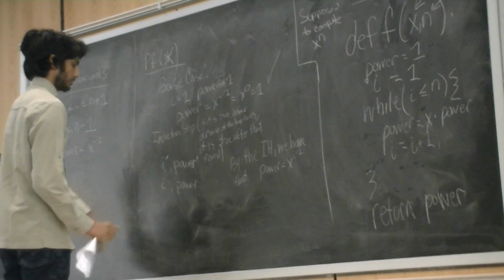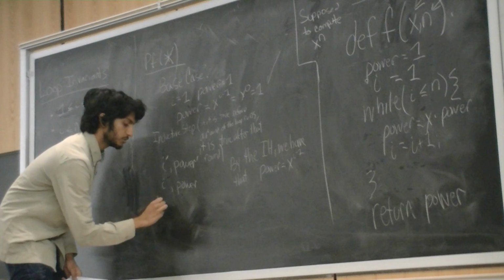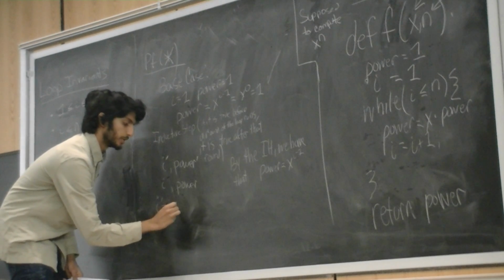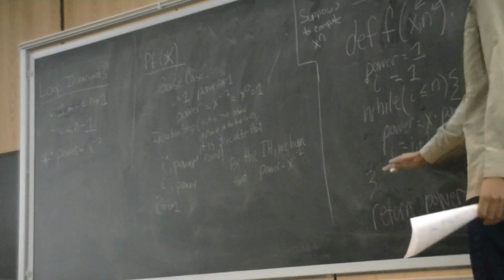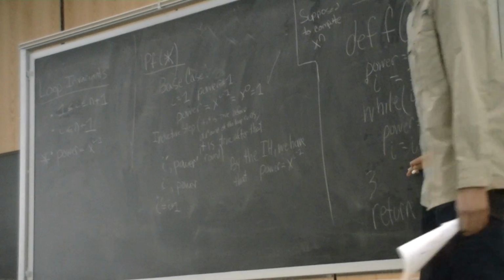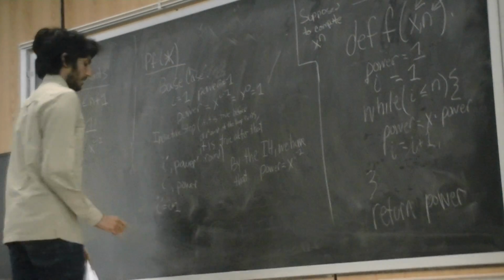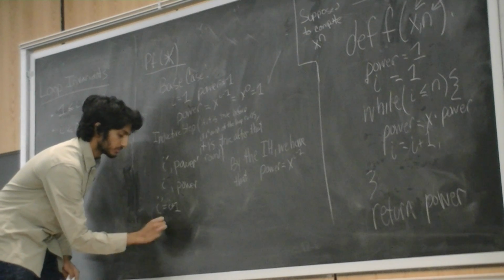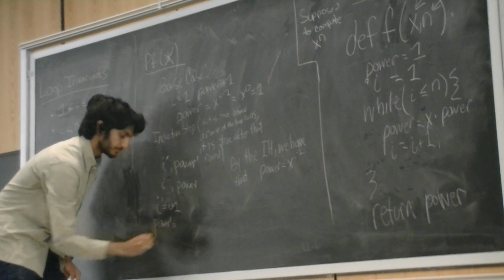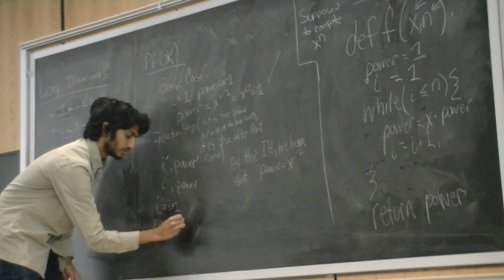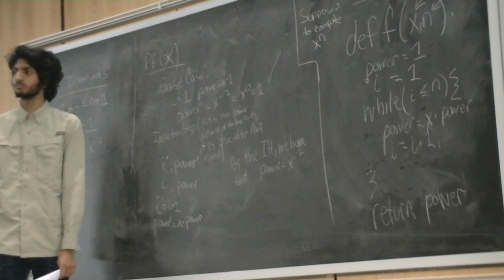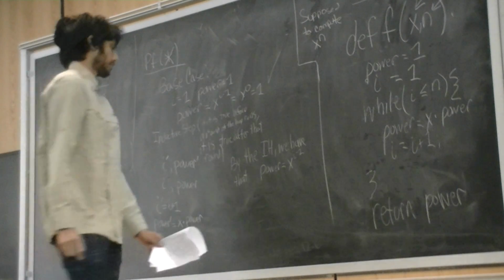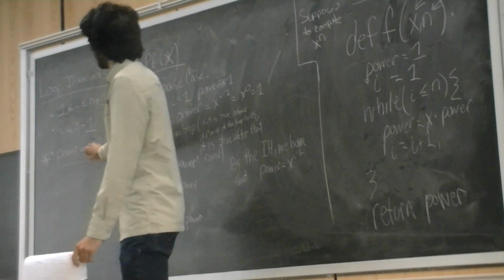Well, the code says that I prime is equal to I plus 1, right? So after this round of code is done, we'll have that I prime, the new I, is equal to the old I plus 1. And the code also says that power prime is equal to x times power. Okay, and our ultimate goal is to show this, but with the prime element.